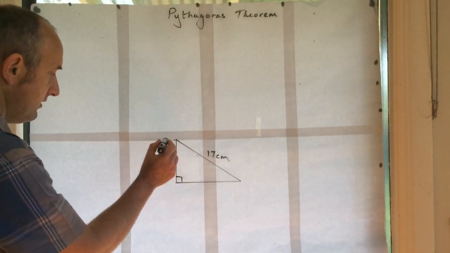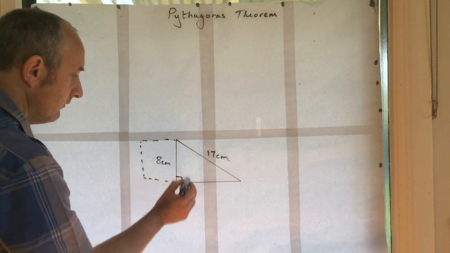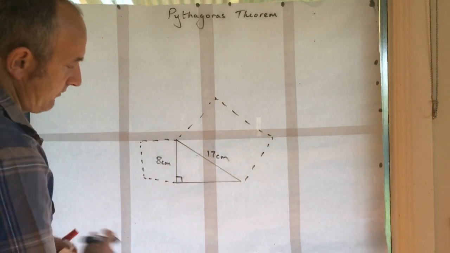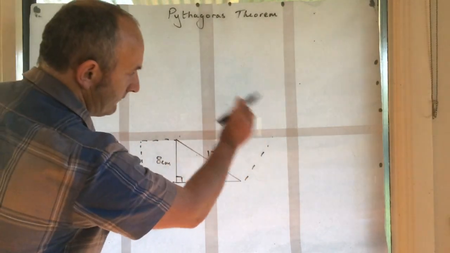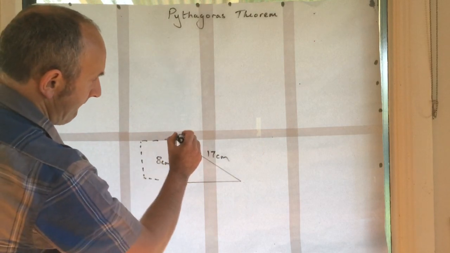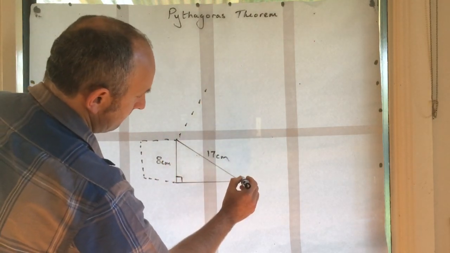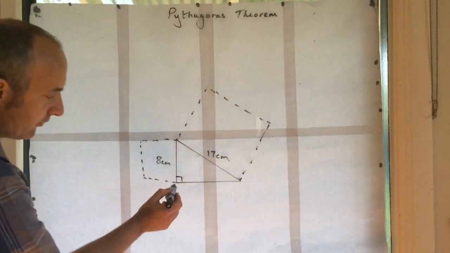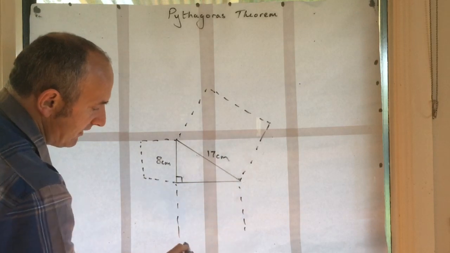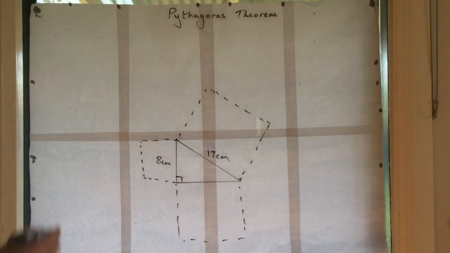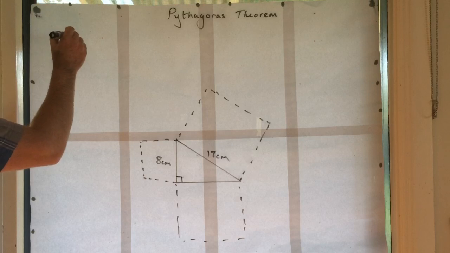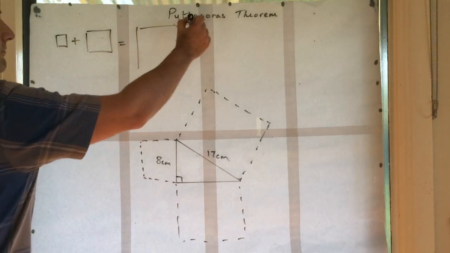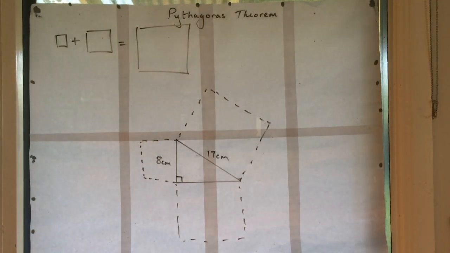So now let's continue that. Not the best square, not the best square. But I'll try and do that again, a little bit better. And I want to know the area of my medium square. So, let me think, hang on. The small square plus the medium square is the area of the big square. Okay?